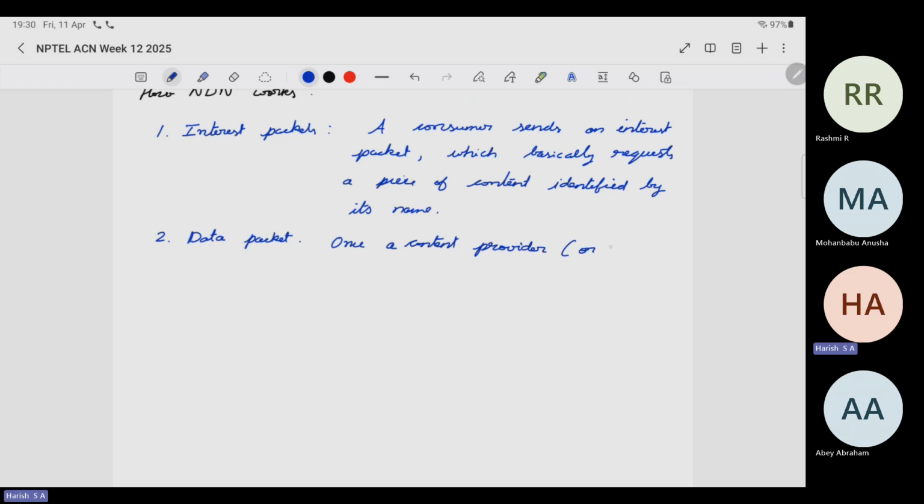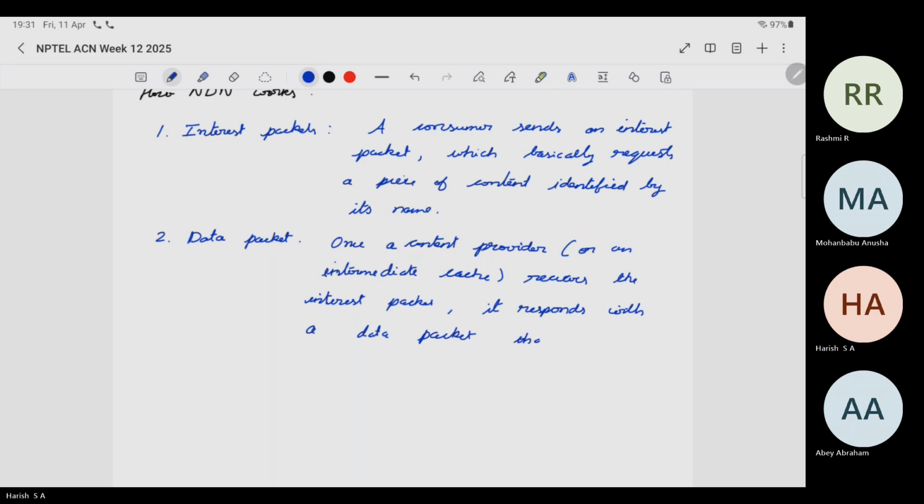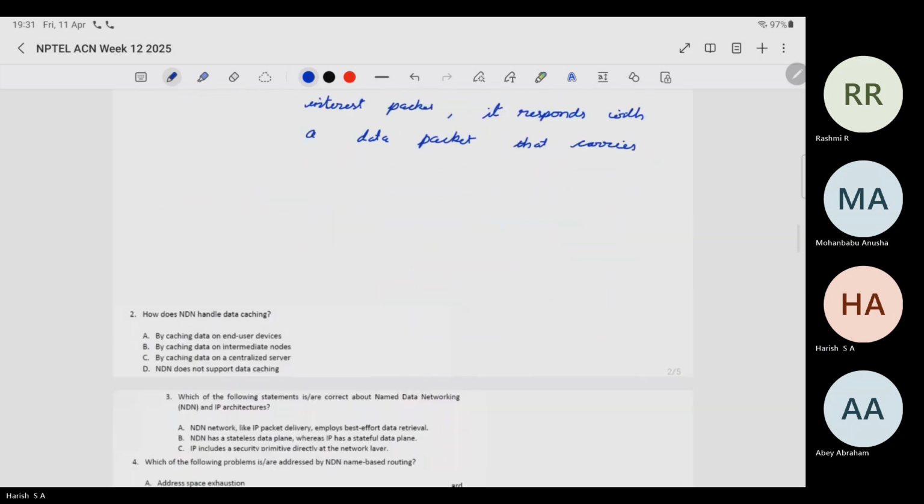Once a content provider or an intermediate cache receives the interest packet, it responds with a data packet that carries the requested content, along with its name and the producer signature.